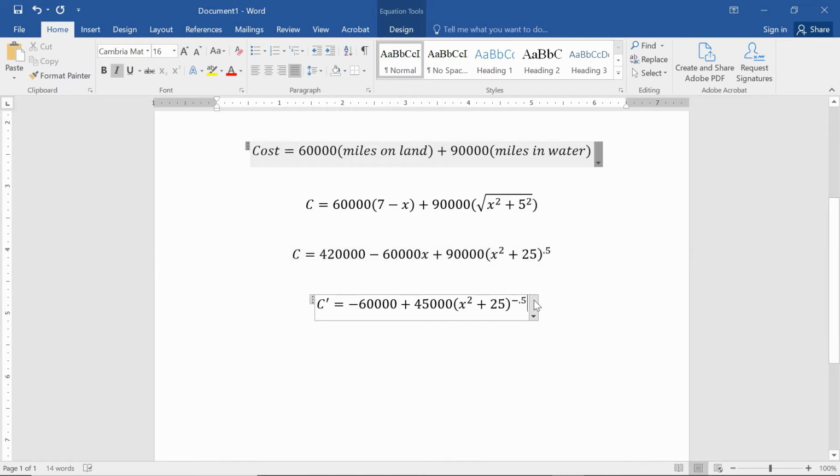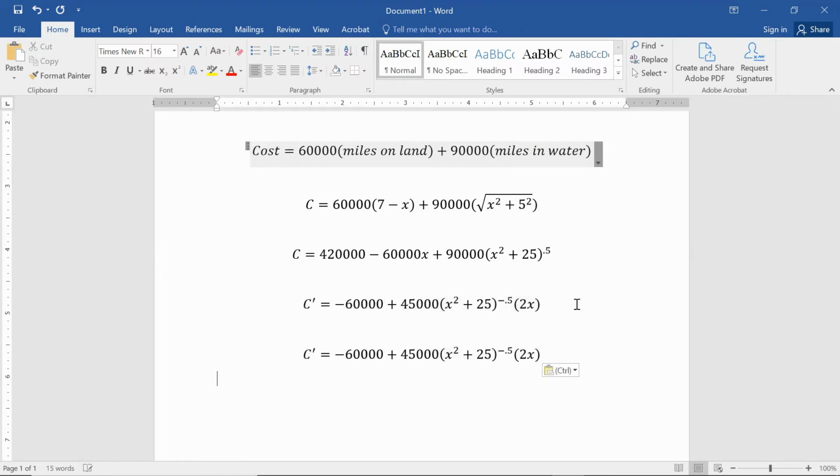If I take 0.5 minus 1, I get negative 0.5. Now at this point, the chain rule says multiply times the derivative of the inside function. The derivative of the inside function is 2x. That's my derivative of the total cost.